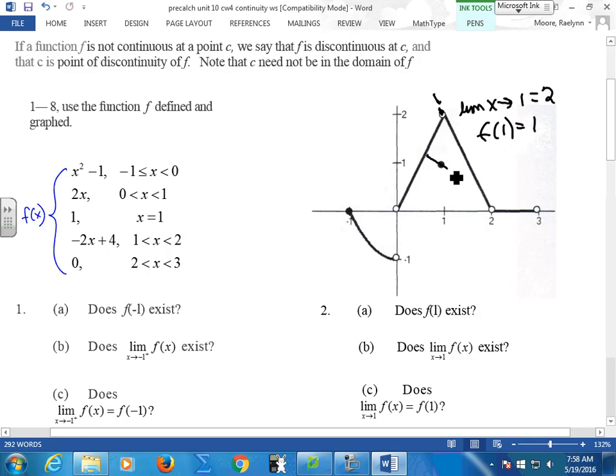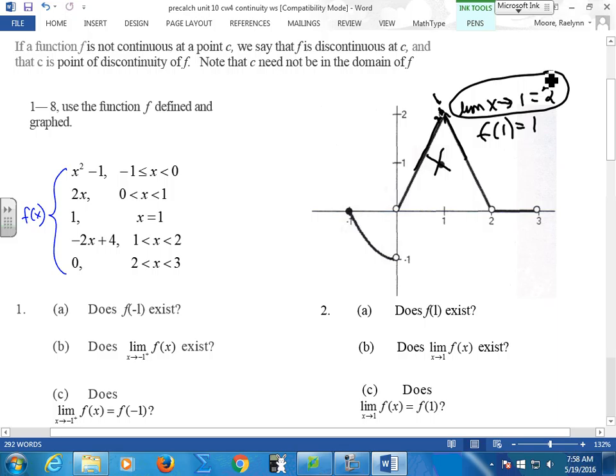But for our limit, this does not help me in my limit. That would make it a jump. I want to know what value this approaches from left and right that I could just fill in and remove that point. That's a removable point. If I could put my pencil and color that in, I'd be able to continue right over it. So what makes this continuous? That's what my limit does.